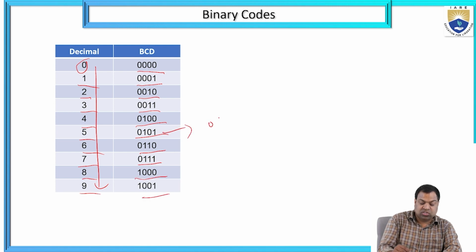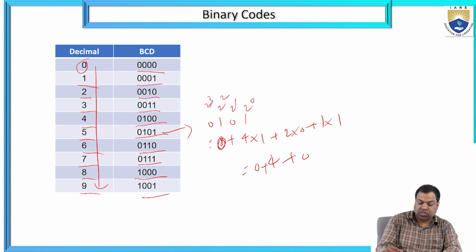Example, here I take 0101, with 2 power 0, 2 power 1, 2 square, 2 cube. 2 cube into 0 is 0, 2 square means 4 into 1, plus 2 power 1 means 2 into 0, plus 2 power 0 means 1 into 1. 4 plus 0 plus 1, how much? 5.